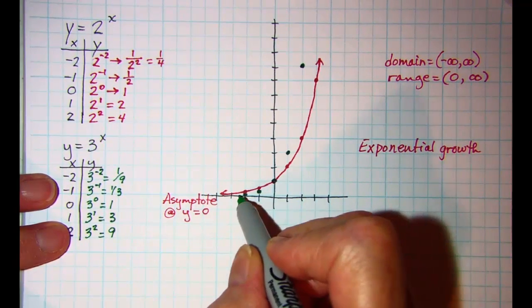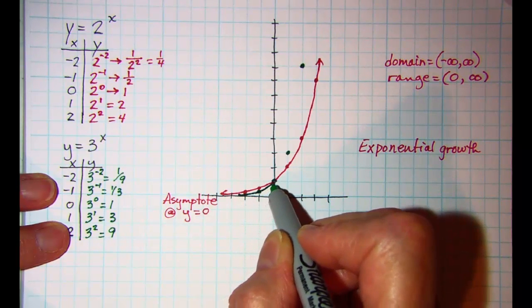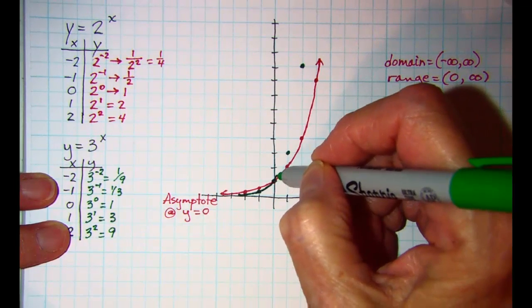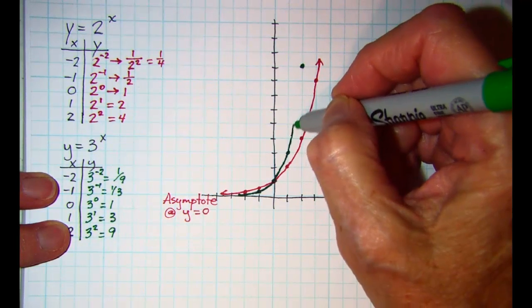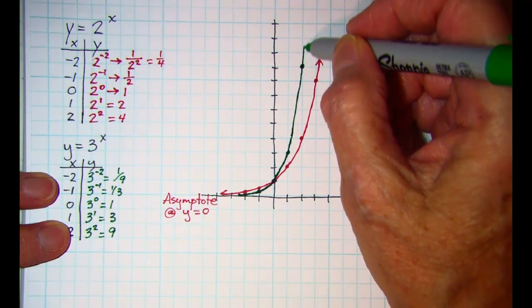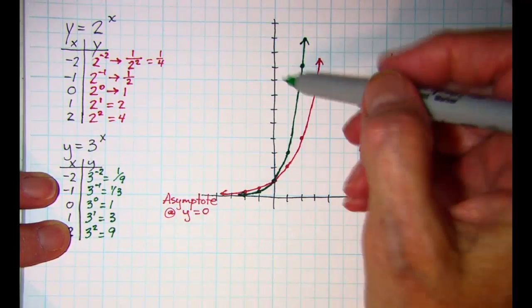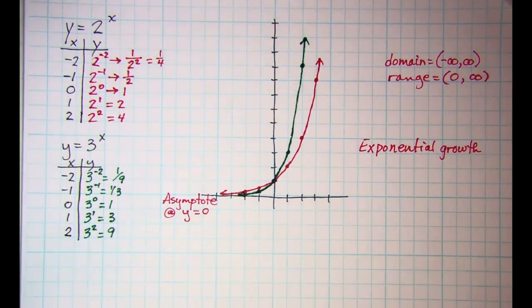So our curve is between the y equal 2 to the x curve and the x-axis until we hit x equals 0, and then we get bigger, and it's between the red curve and the y-axis.